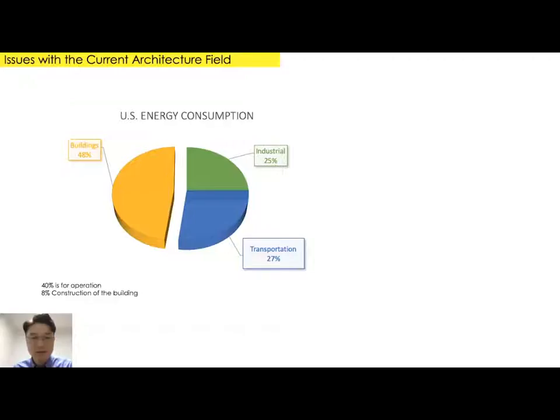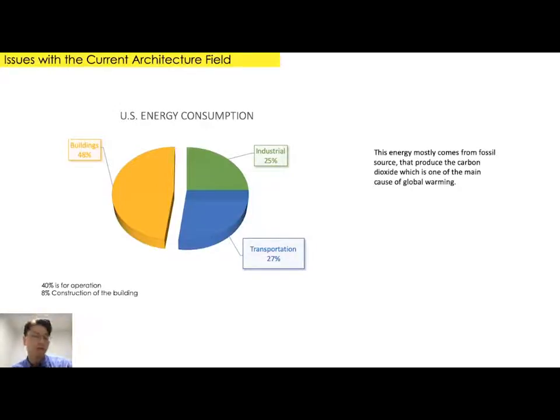So this is my interest, and I am doing research on urban design. Now I understand the big picture: buildings are a real issue, producing a lot of carbon dioxide that could potentially cause global warming.